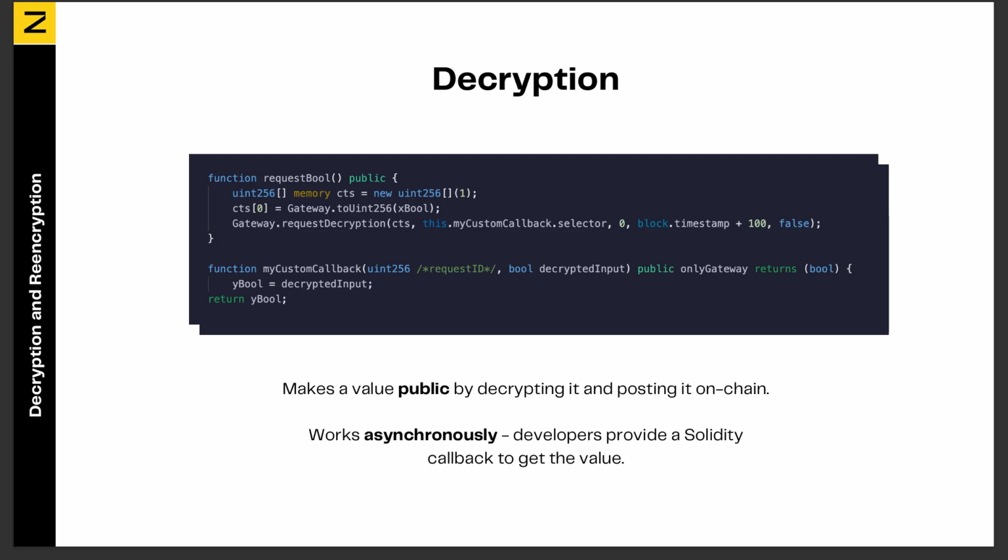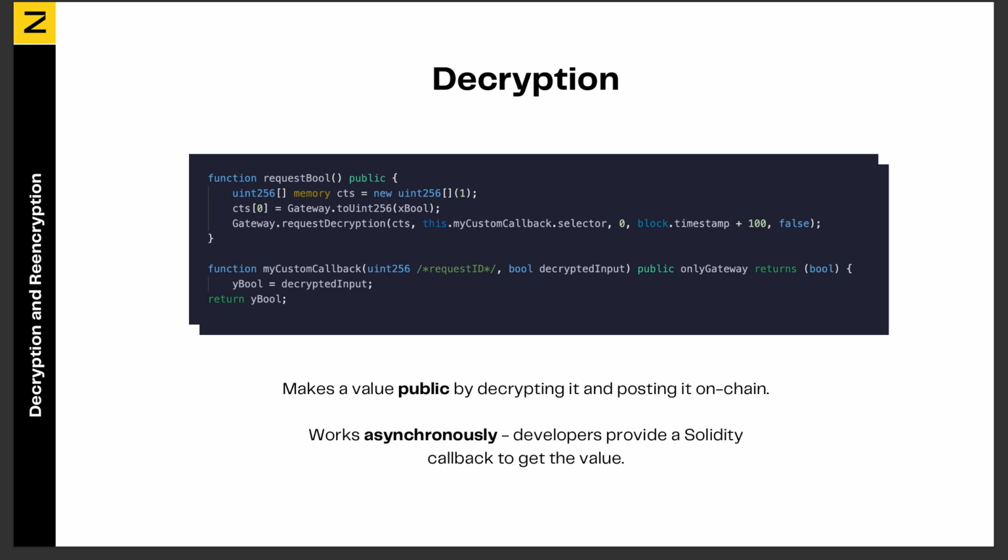Let's look at decryption. So the meaning of decryption is to make a value public. So basically, you have an encrypted value, we put it on chain, and now we make it public by decrypting it. And it works in an asynchronous way, in the sense that the developer would call a function like gateway.requestDecryption and pass in the ciphertext in the form of a handle to this ciphertext.